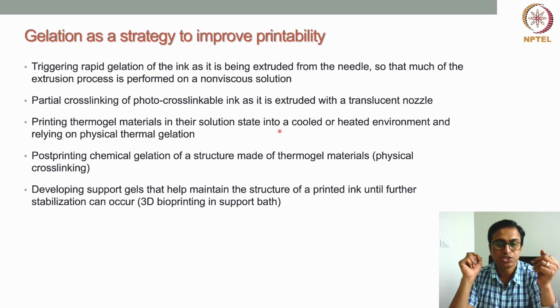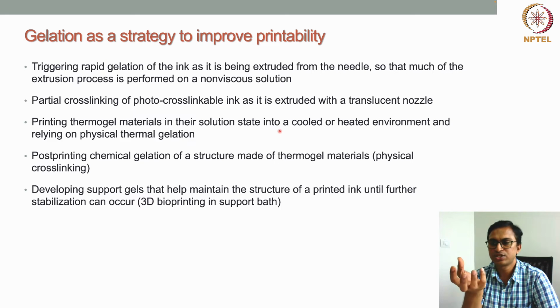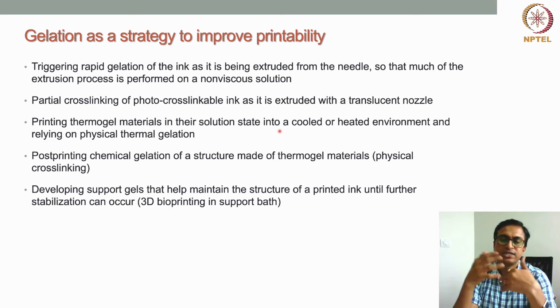So to improve the stability of the material, some kind of chemical gelation or covalent cross-linking can be introduced after this physical cross-linking of the thermogel materials. After post-printing, when the material is physically cross-linked, we can introduce some kind of chemical cross-linking to improve the shape retention and the long-term stability of the structure.